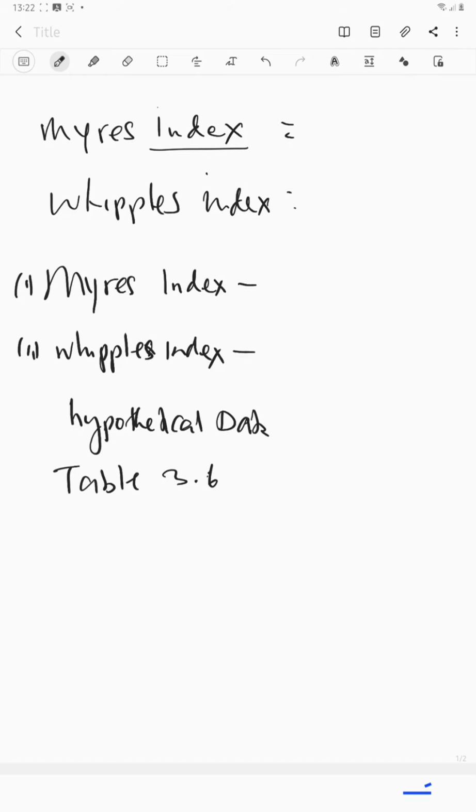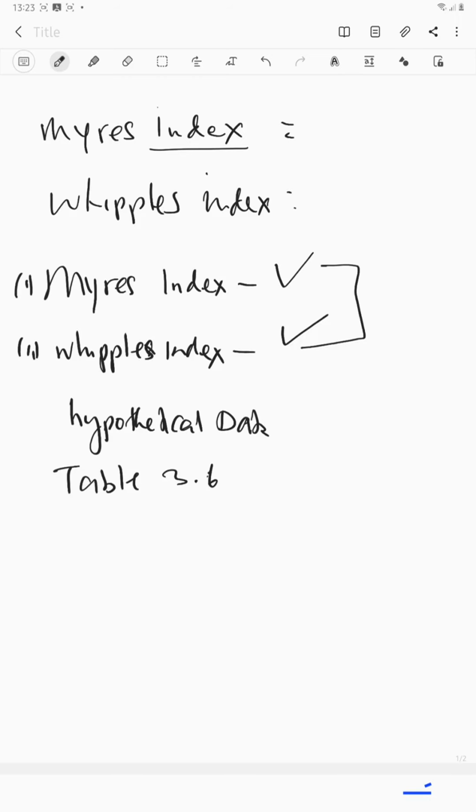Then use that table to calculate the Myers index and the Whipple's index, and after that, with your colleague, submit that work so that you can see how you have determined the values in that particular situation.